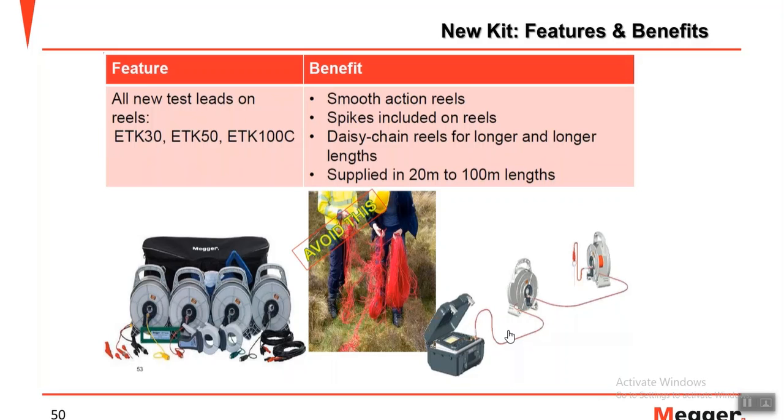You need to repair tangled cable that happens if you put out long cable. So with the reel facility, you will avoid this condition in the field. We have lengths from 2 meter, to 20 meter, to 100 meter.